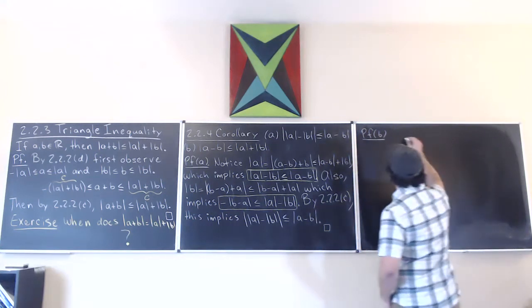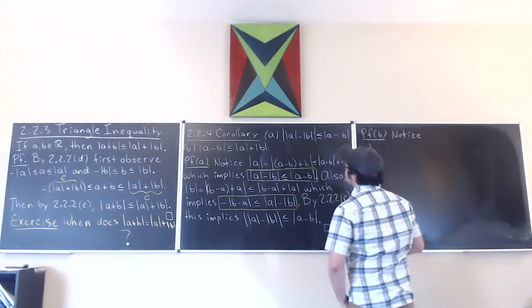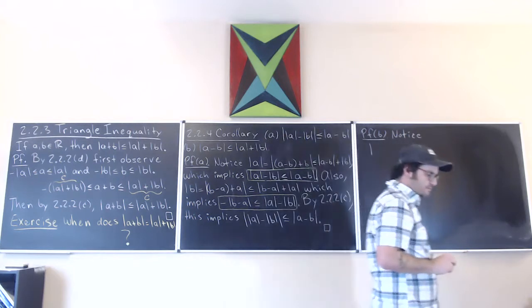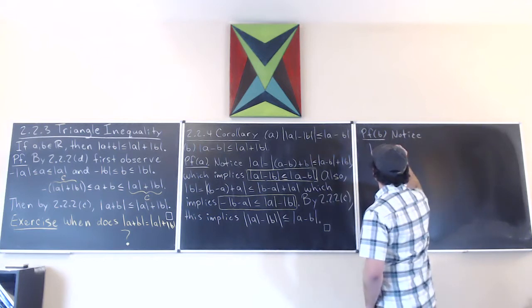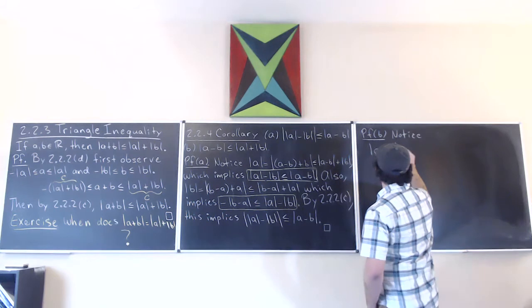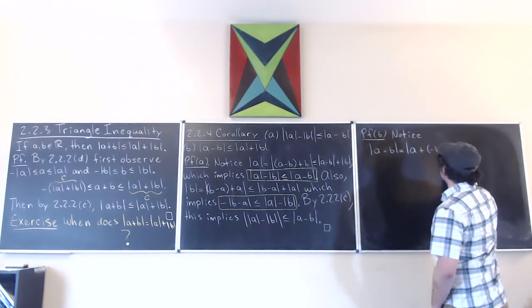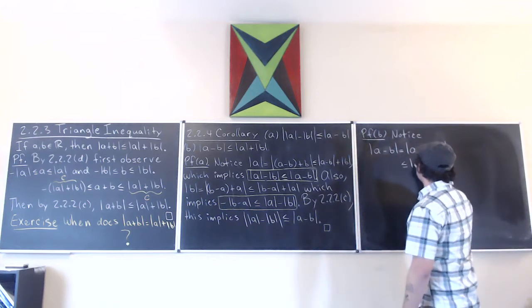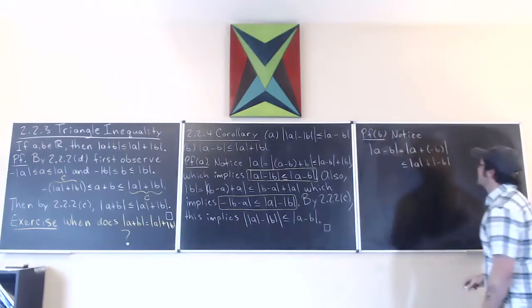So the absolute value of A minus B is equal to the absolute value of A plus negative B, same thing, which by the triangle inequality is at most that.